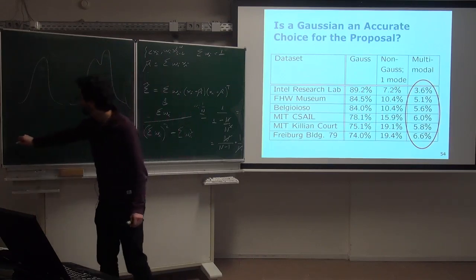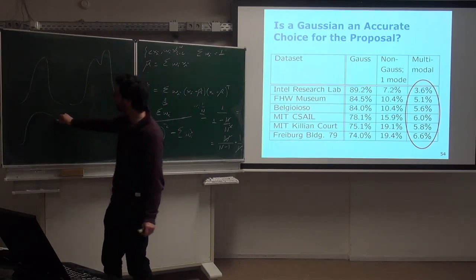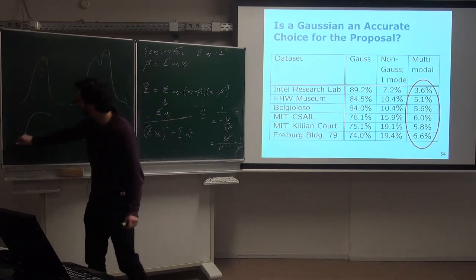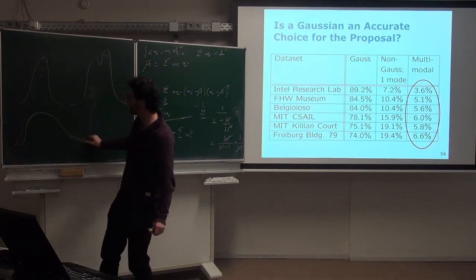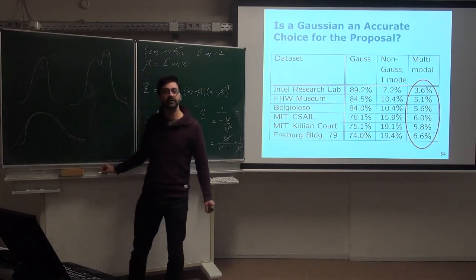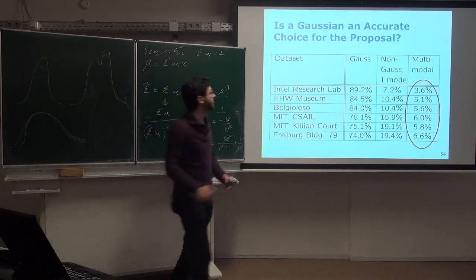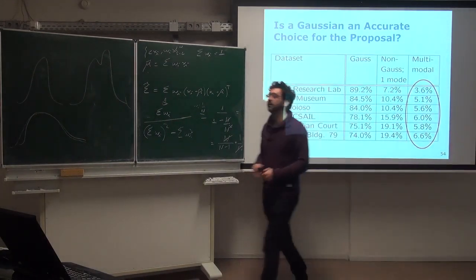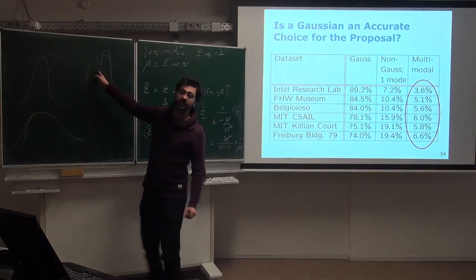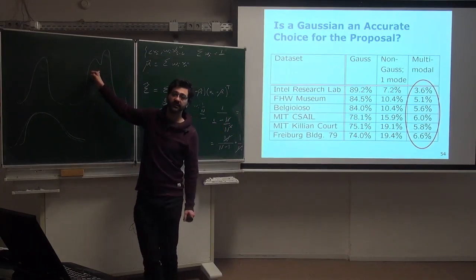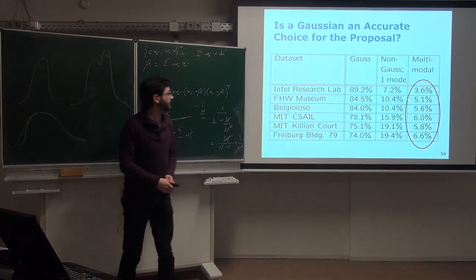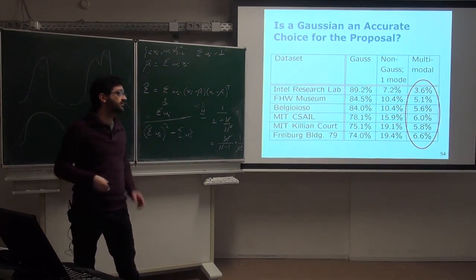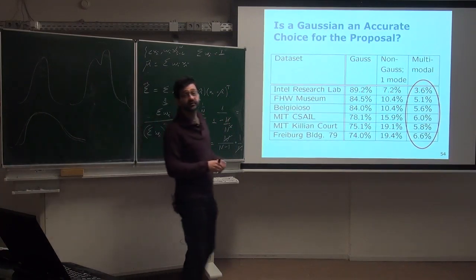Or you can have distributions that are skewed, so they are like this, but still they have one mode, so you can still approximate it with the Gaussian maybe like this. So you can still cover a good part of the state space with the Gaussian. The problem sometimes is that we have multimodal distributions, which are very hard and cannot easily be approximated with a Gaussian in this way. And this happens in around 6 to 7% of the cases.